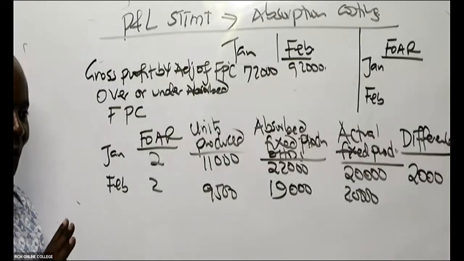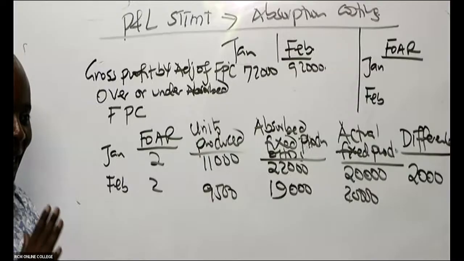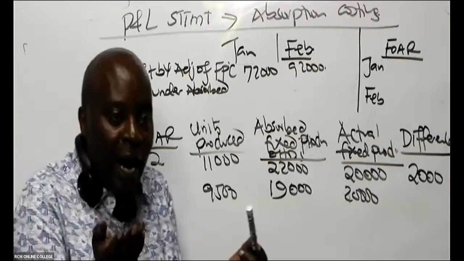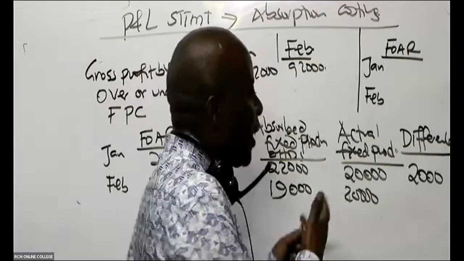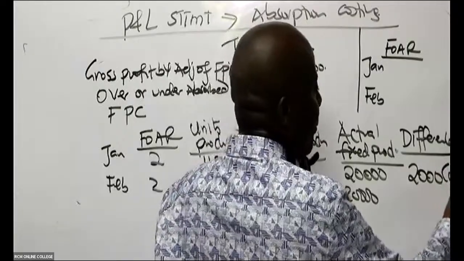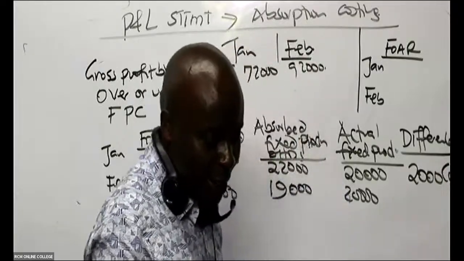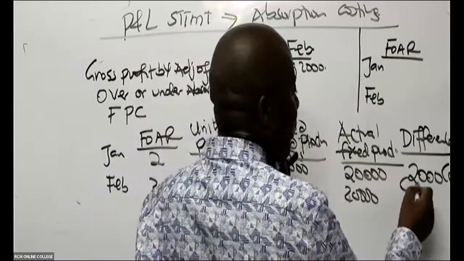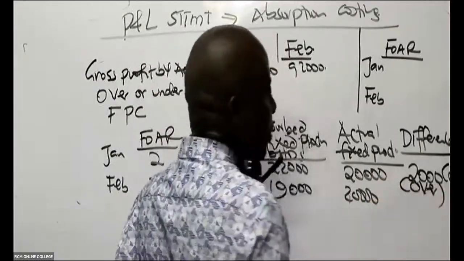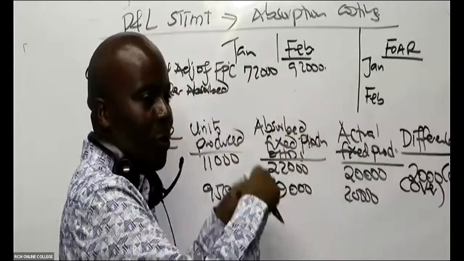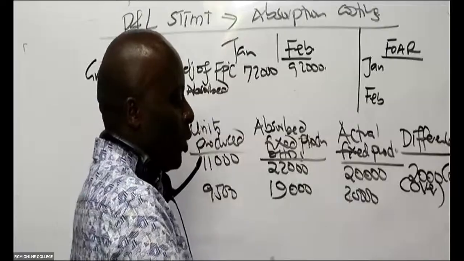The absorbed was higher than the actual, so this is what we call over absorbed. Sorry for that, because I can see so many guys, even online, are giving me the opposite. For January, it's over absorbed because the absorbed is more than the actual.